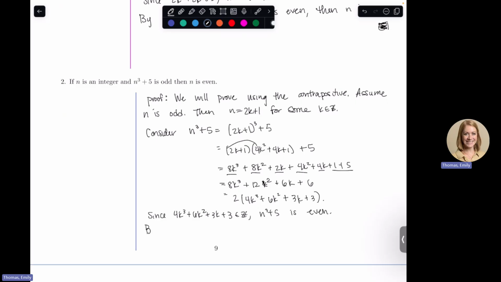So by contraposition, if n cubed plus 5 is odd, then n is even.